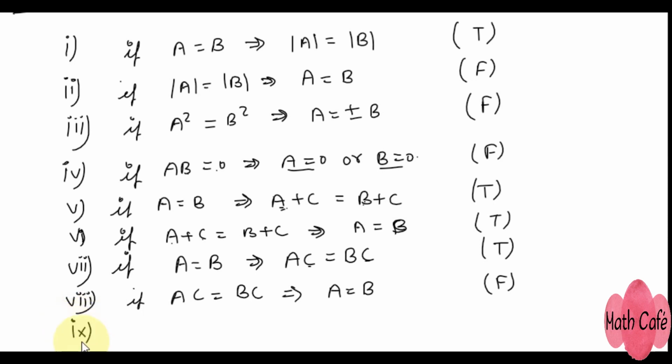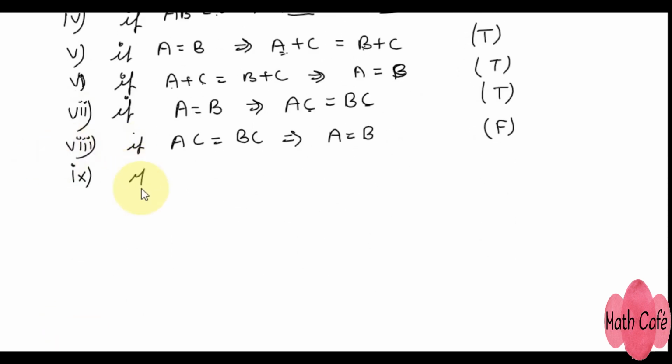In the ninth statement, it is given that if A is equal to B, that means AC is equal to CB. This statement is false because in this matrix multiplication C is a post factor and in this multiplication C is a prefactor. So that cannot be done.